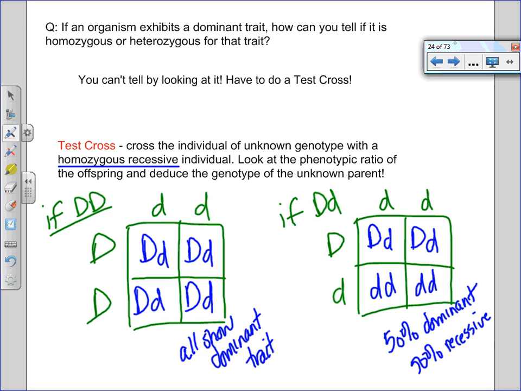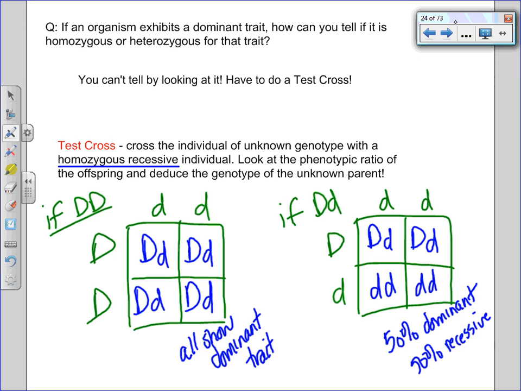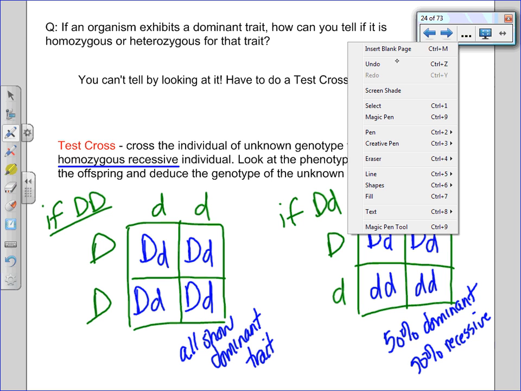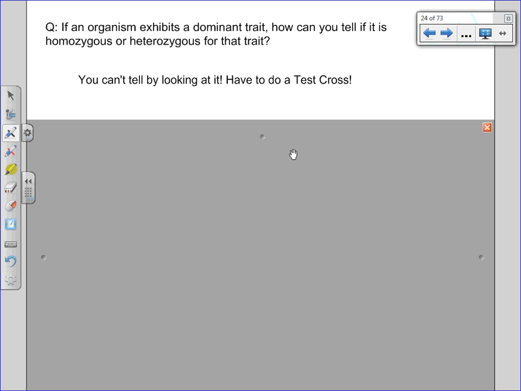Now we're going to talk about what you do when you have an organism that is showing the dominant trait, but you're not sure whether it's homozygous for that trait, so say big D, or heterozygous, big D, little d. Now, this is kind of important when you're doing breeding or things like that.